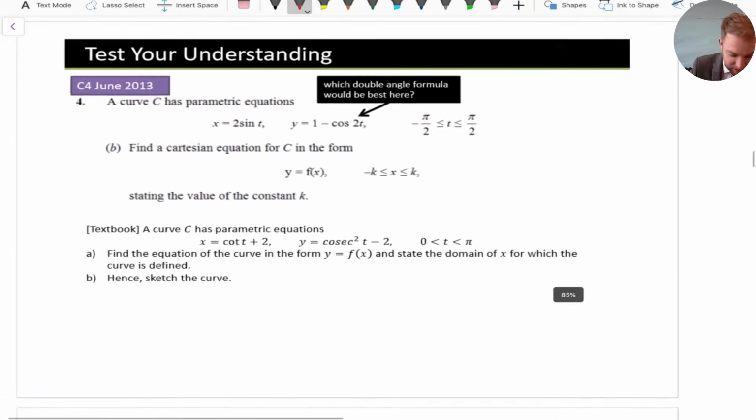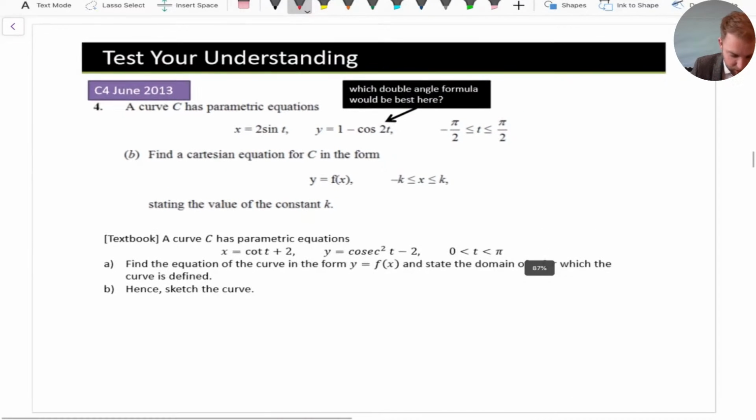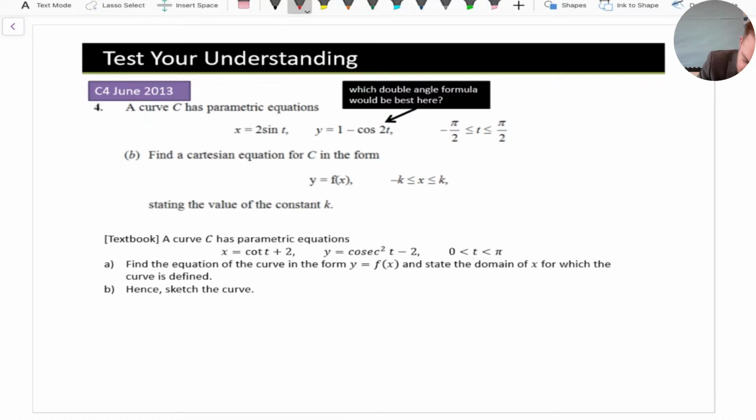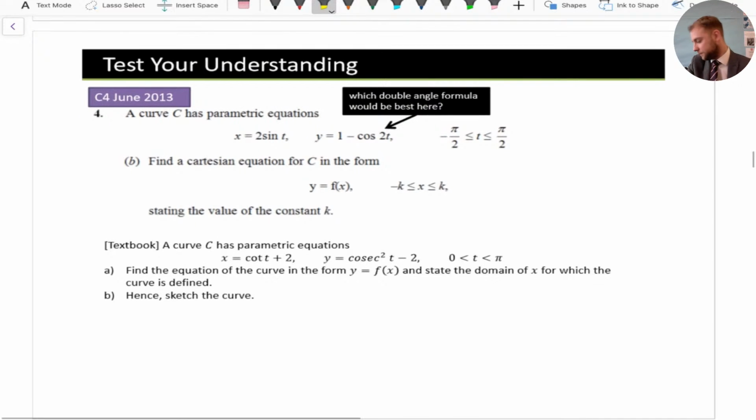All right, here's a test your understanding. So have a go at this one yourself. It is tricky. The first thing I'm going to say is watch out for this, cos of 2t. What are your trig identities for cos of 2t? Where have I put that?